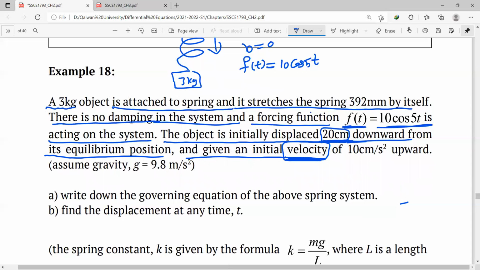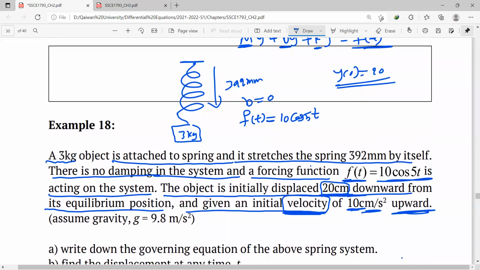We can get velocity from the displacement by taking its derivative. Here it says the initial velocity is 10 centimeters per second, upward. That means y prime of 0 equals minus 10 centimeters per second. This is y prime, the velocity at the initial time.